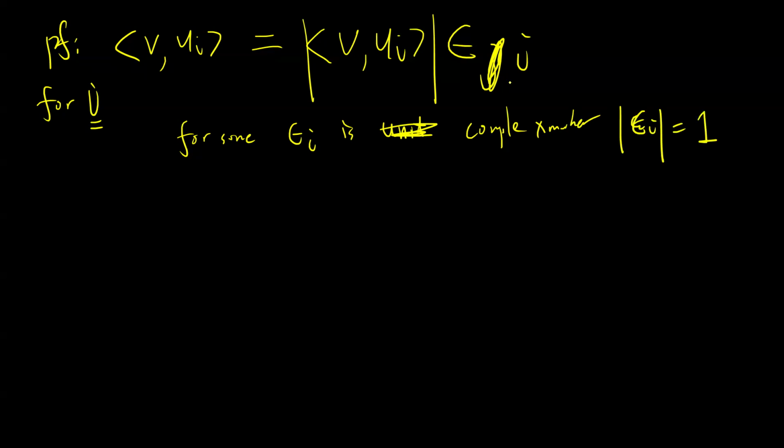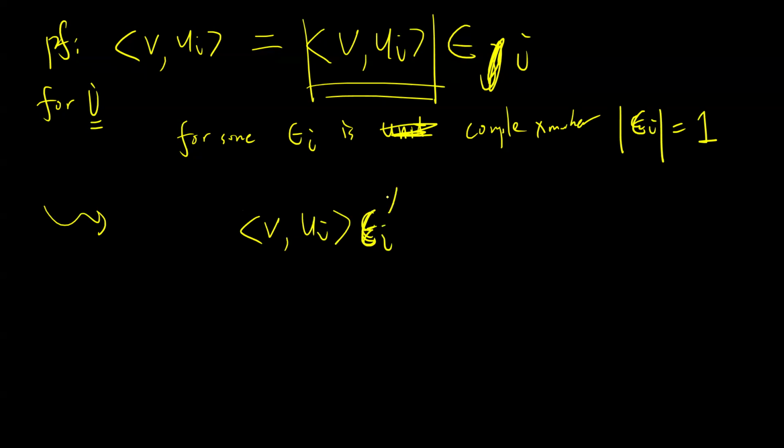Basically I just take out a phase of the inner product of V and Ui. That means I can write the absolute value as the inner product of V and Ui times the complex conjugate of epsilon i.